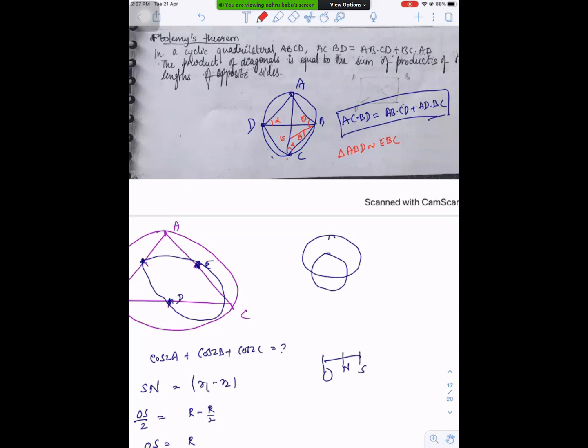So apply that corresponding sides are in the same ratio. And one more thing, if you take this is theta, even this is also theta. So use one more thing here: one more similar triangle will come. ABD is similar to EBC. Just check it once. Similarly, we'll get one more similar triangle combination.